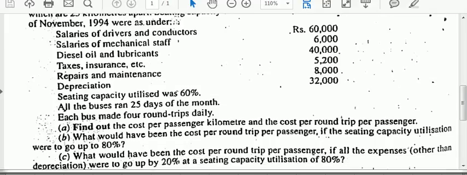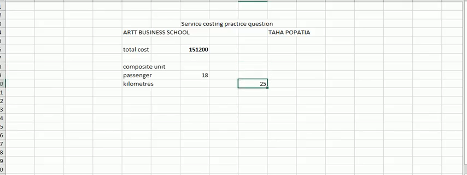If you read the line just above requirement A, it says each of the buses made 4 round trips. By round trip, we mean the bus went from town A to B and then returned from B to A. Therefore, the total kilometers traveled by each bus on a single round trip would be 50 kilometers.